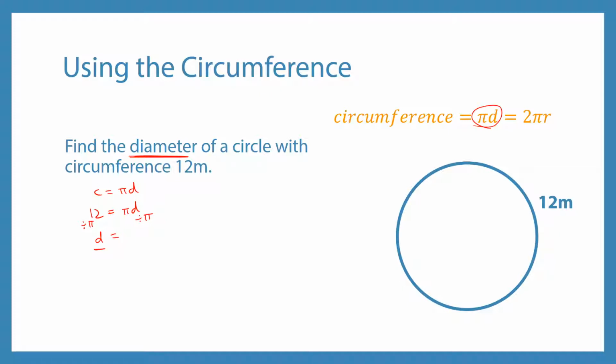So we've got d equals 12 divided by pi, which is 12 over pi. And on this side, pi d divided by pi is going to be d. So this is going to be our answer. I don't need to write it again, but we need to write our meters in there. So that's going to be our answer, 12 over pi meters.